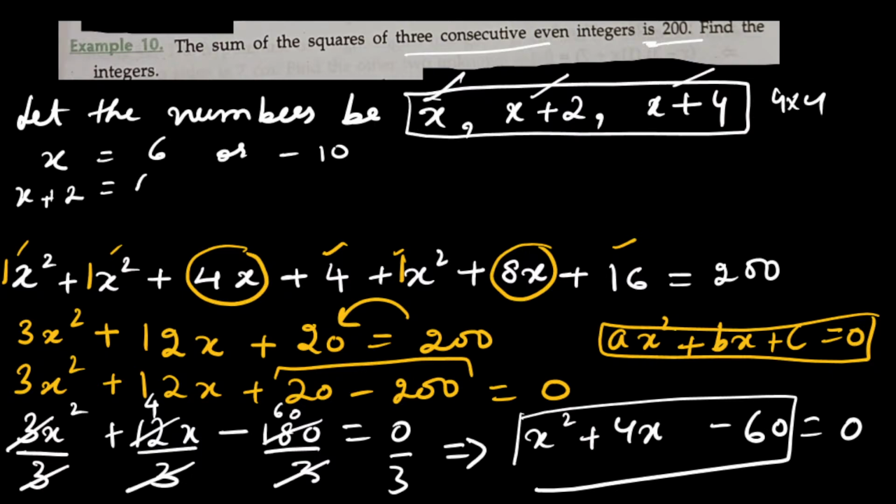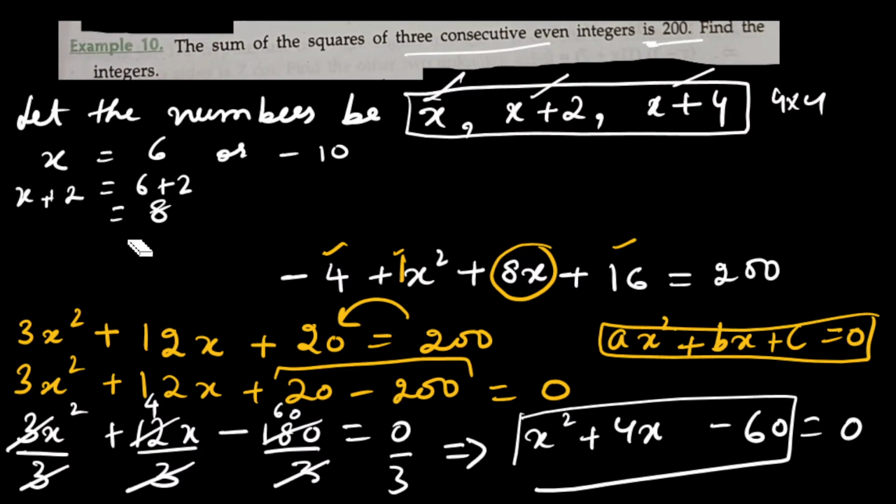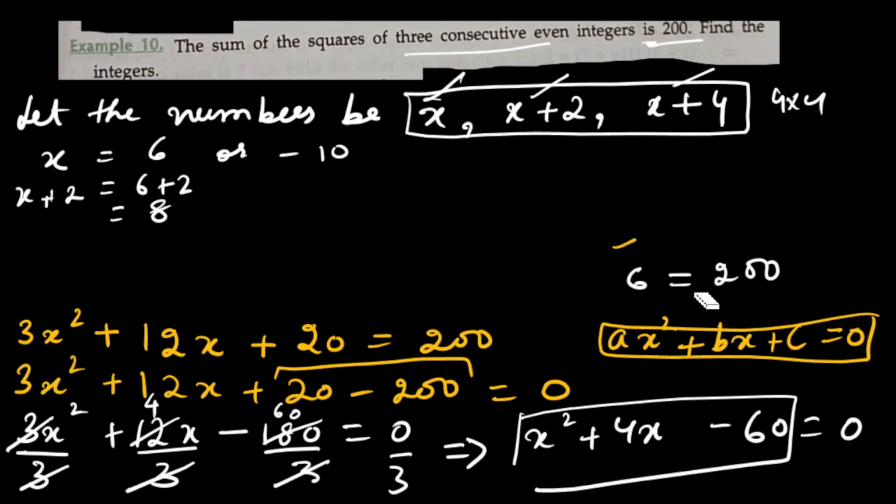When x is 6, it will become 6 plus 2, so 6 plus 2 is 8. And also x plus 4's value you have to find. x plus 4 is equal to 6 plus 4, which is equal to 10. So numbers are 6, 8 and 10.